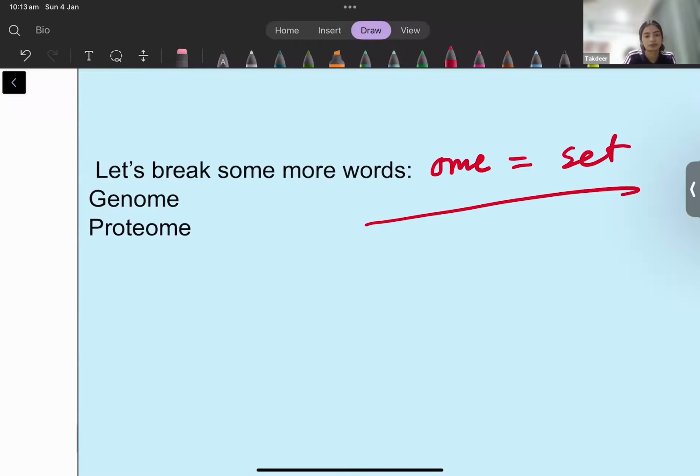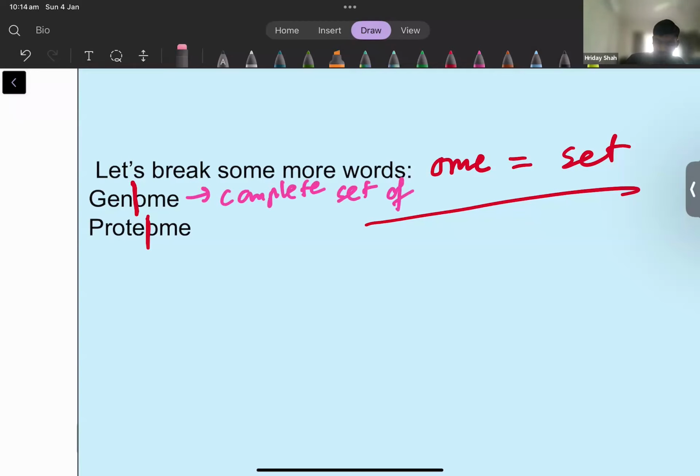Gene. Good. So we have gene in the first one, and hence what's going to be the second one? Protein. So genome is just the complete set of all genes.